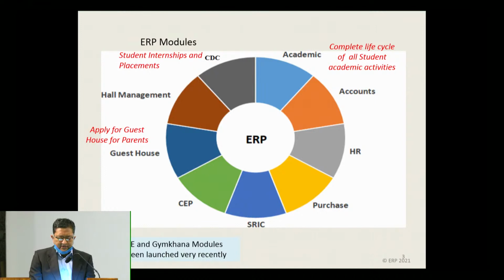These three modules are immediately relevant to you. I'll go into the details of this. Academics is relevant for obvious reasons, because your academic administration will happen through the academic module. The guest house, and the hall management is required.